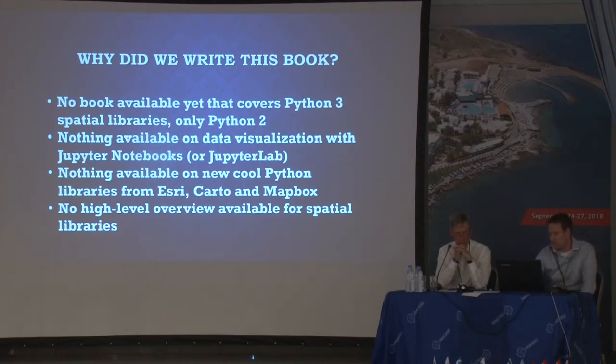There are many, many cool new libraries available from industry people like Mapbox, Carto, and Esri that we wanted to include. And they are now in this book, and they were not covered in other books yet. And also we wanted to make a sort of best of from the best spatial libraries that you should really know if you start to work with spatial data in Python and you don't know where to start.